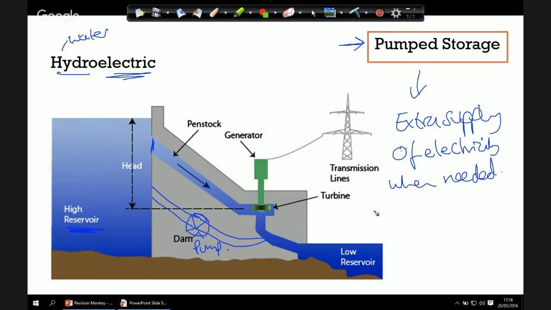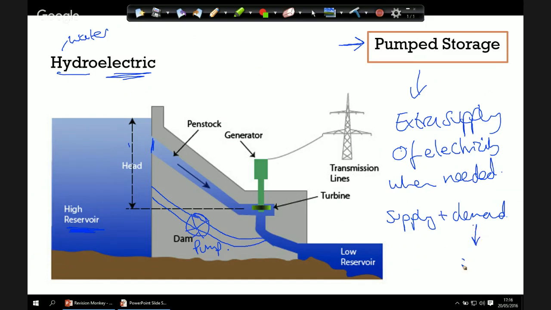Okay, so they tend to use any spare electricity that they've got left over at night to run this pump and then store the energy technically up here for when they need it later on in the day. Because you've got this idea of supply and demand, you've got a demand for electricity, which will change throughout the day.